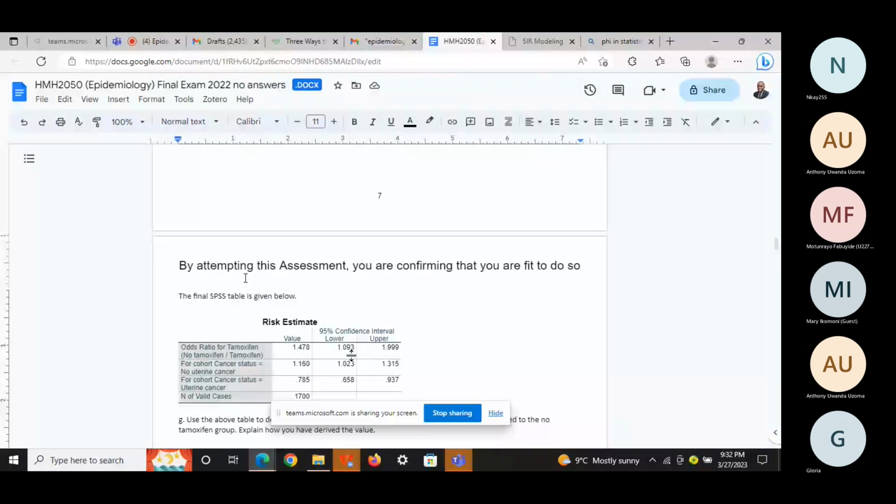See here, the confidence interval is from 1.093 to 1.99. That's the confidence interval for the odds ratio, right? So they are now asking you to comment on this confidence interval. If you have watched my videos, I've explained this over and over again. So can someone make an attempt? What can you say about the confidence interval here?